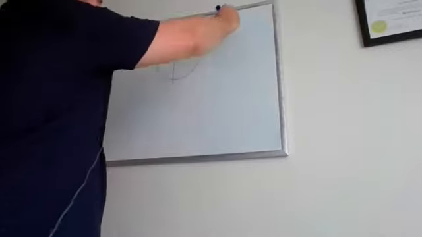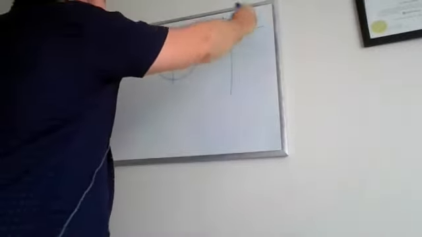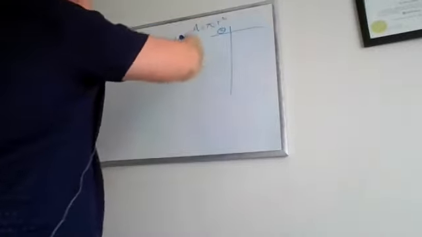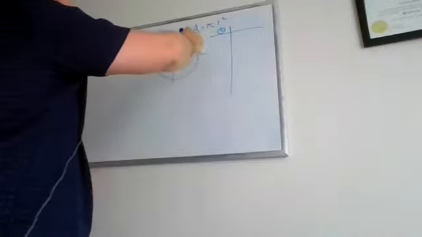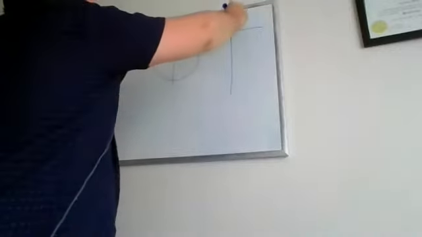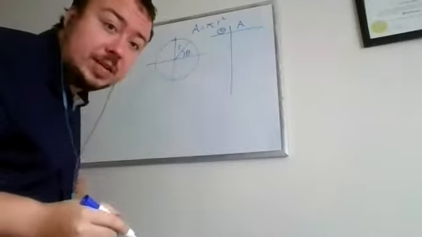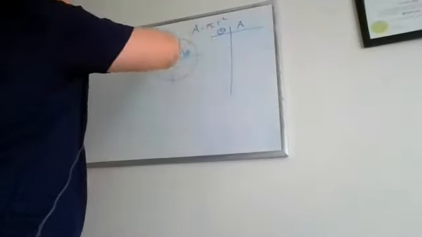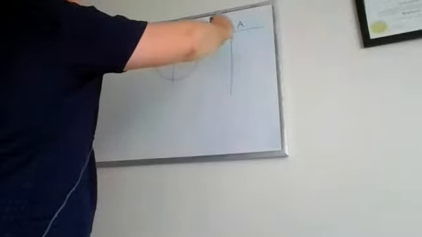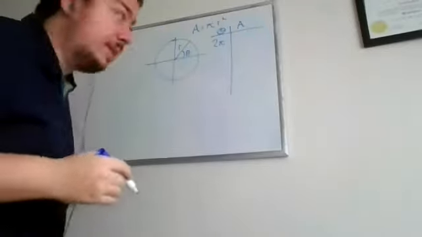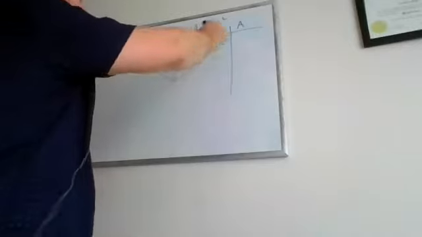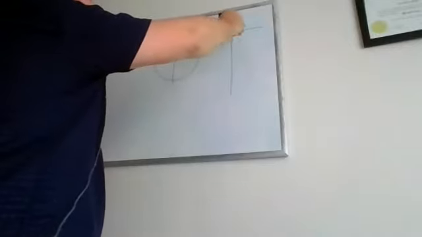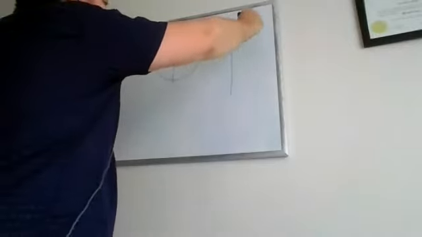So I'm going to make a chart with how much theta we go through and how much of the curve we trace out, and then how much area we get from the figure that's enclosed. To go around the whole circle, that will be 2 pi radians, and our area for that will be pi r squared.